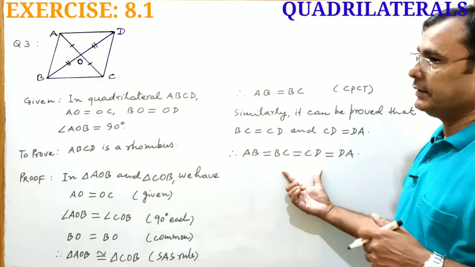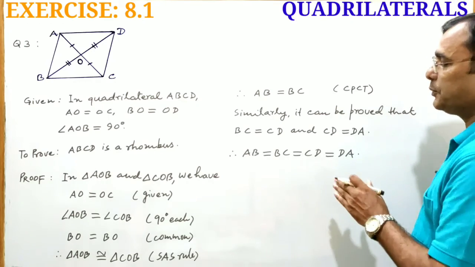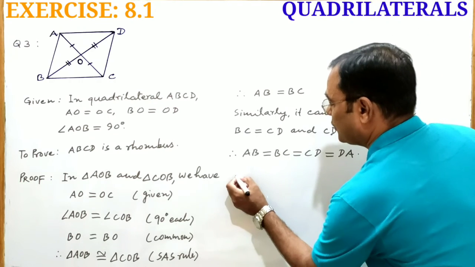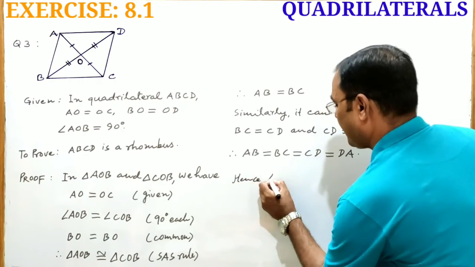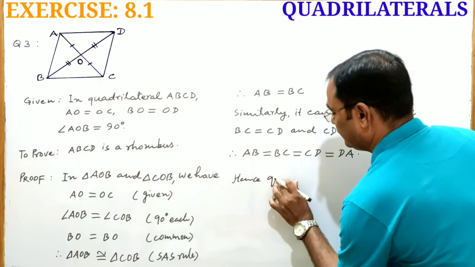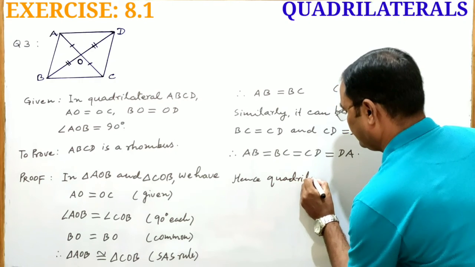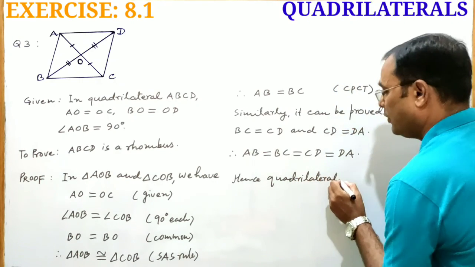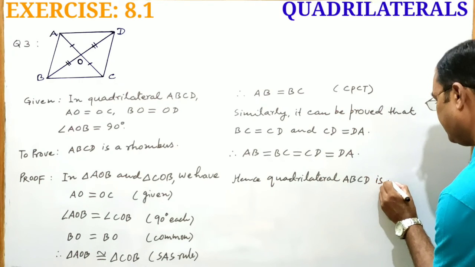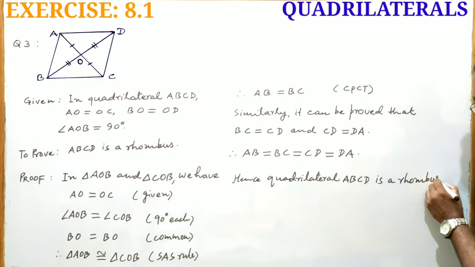We have proved it, that four sides of quadrilateral ABCD are equal, and this proves that this quadrilateral ABCD is a rhombus. So hence quadrilateral ABCD is a rhombus, hence proved.